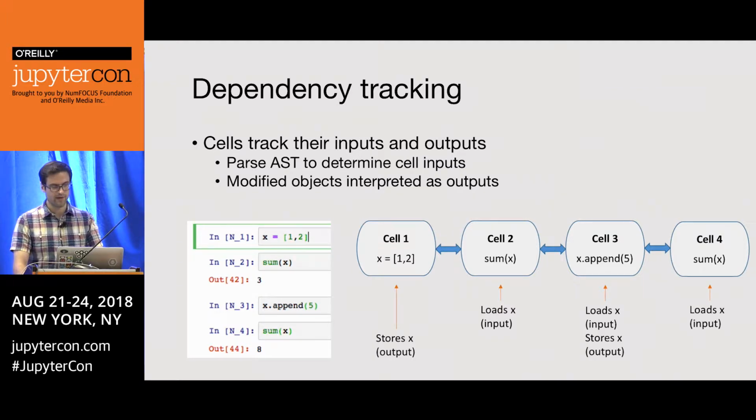And any object that is modified in the cell, I interpret as an output. For example, in this array example, the first cell is storing something into x, so I'm tracking that as an output. The second cell loads something from x as an input, the third cell both loads and modifies x, and the fourth cell loads x as an input. From that, I can match those dependencies to the cells that they came from.